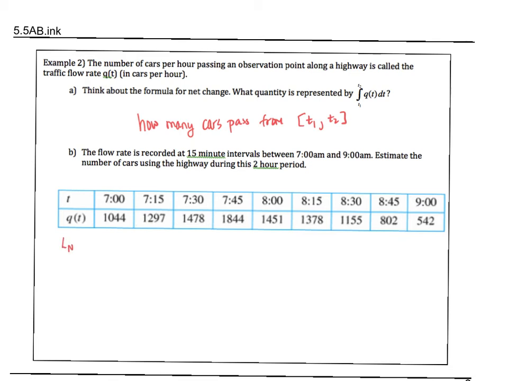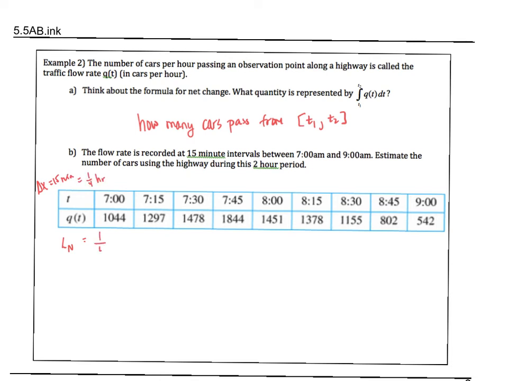And I'm just going to put n for now because the table of values kind of dictates the number of rectangles that we truly have. And remember that the formula for this is your delta x, or the change in x's, multiplied by the heights, or the y values. So we have 15-minute intervals, but really the unit that we're talking about is an hour. So our delta x, which does equal 15 minutes, is also equivalent to a quarter of an hour.